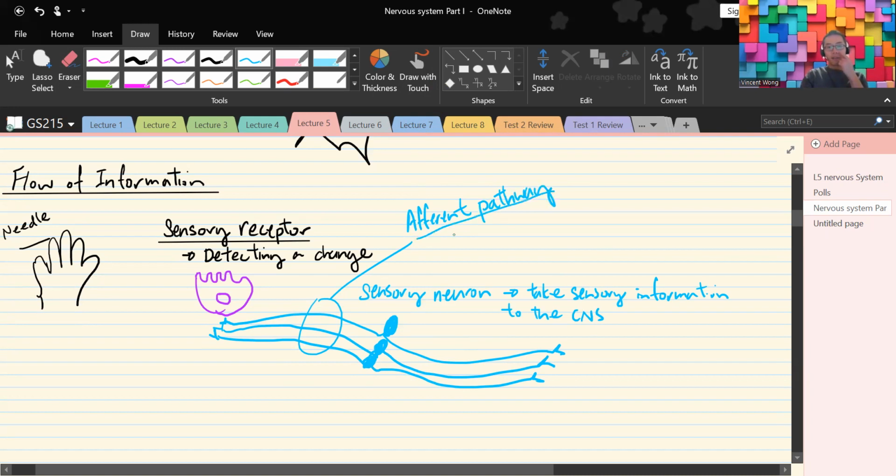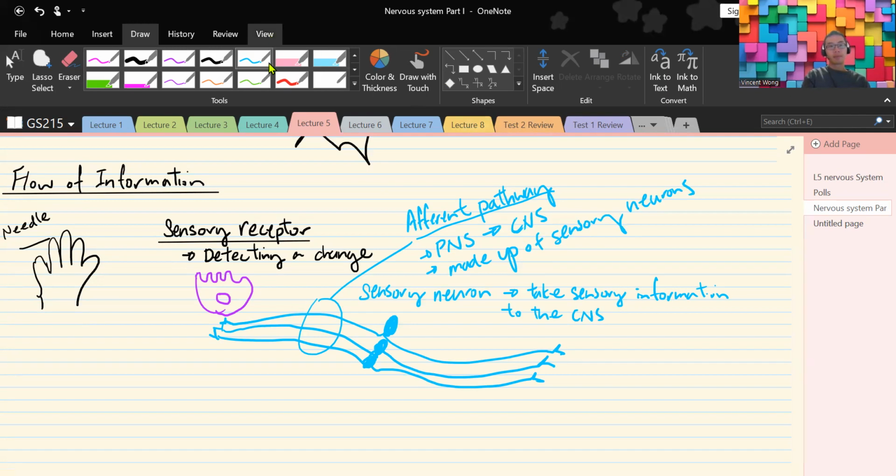Okay, afferent pathway, which basically takes information from the PNS, the peripheral nervous system, anything that's not part of the brain and the spinal cord, towards the CNS. Okay, and the afferent pathway is made up of sensory neurons.